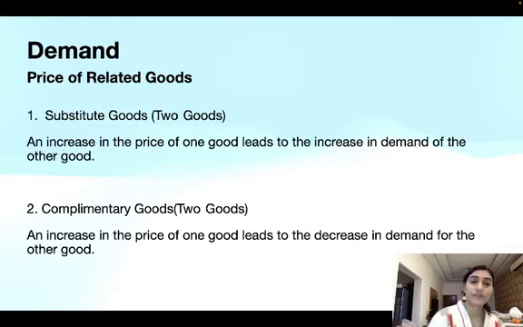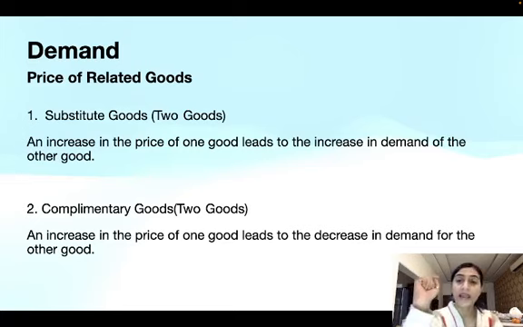The next type of goods are complementary goods, and these are the opposite. They go with each other. So for example, I want to have tea and sugar together, and if the price of sugar increases, then my total cost of having tea would increase because I need to have sugar also when I have tea.